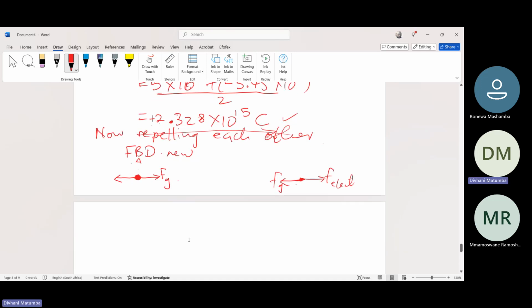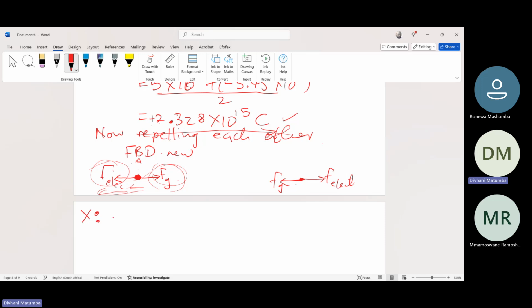Now, to see if the two planets will smash or not, if F electric is greater than Fg, it means the resultant will go to the left. You agree? Do you agree, Mamsan? Yes, sir. So that's what we want to prove. Let's resolve in the x direction.